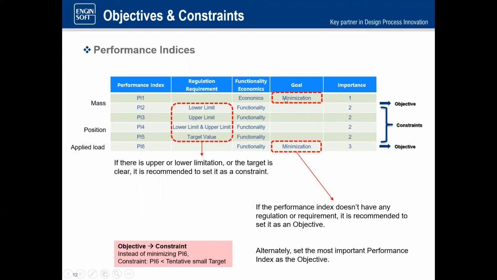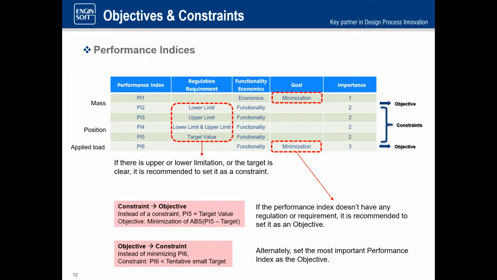So if we look at these, the performance index 1 and 6, we can see they're both minimization. When we come to importance, the performance index number 6 is the most critical. So, one option would be to make that the objective, and then the performance index 1 could possibly be expressed as some kind of constraint.